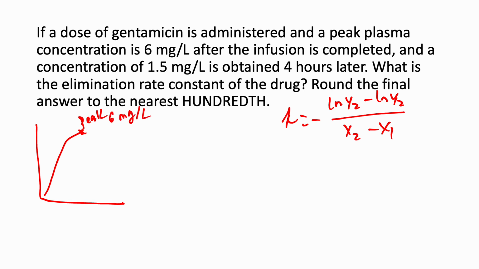And then when it stops here, the drug concentration will be reduced due to the elimination process. So after the infusion stops, if I call here 0, 4 hours later the concentration obtained is 1.5 milligram per liter.